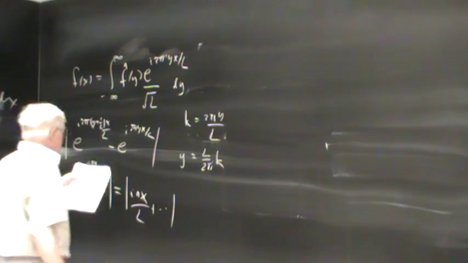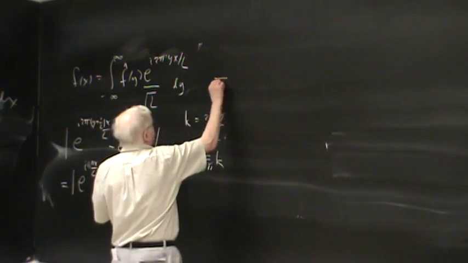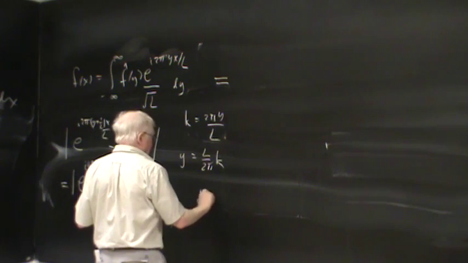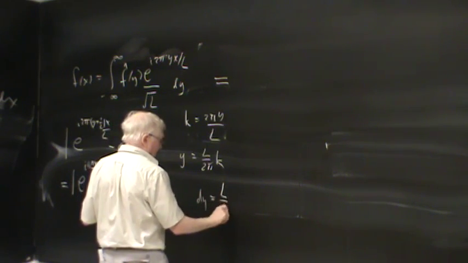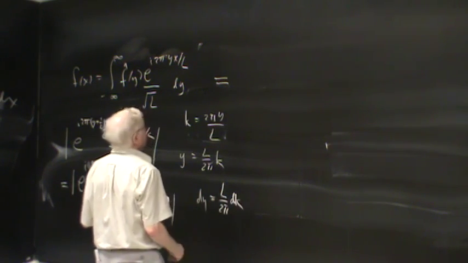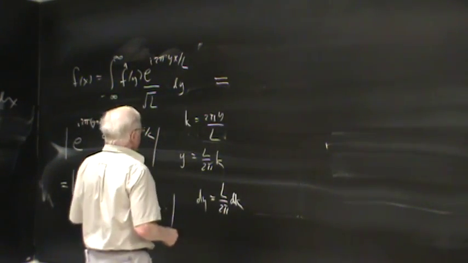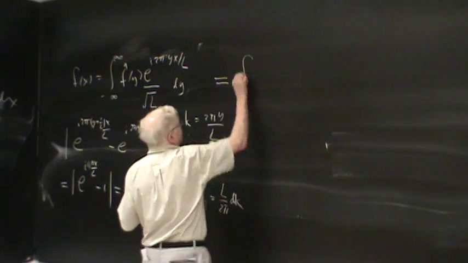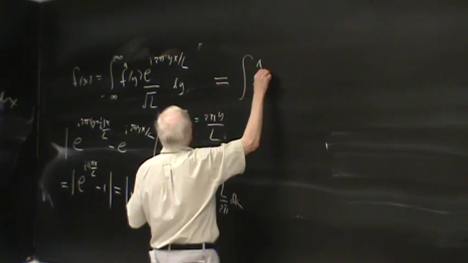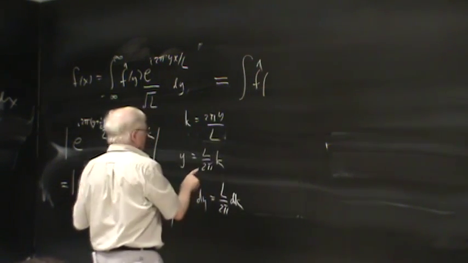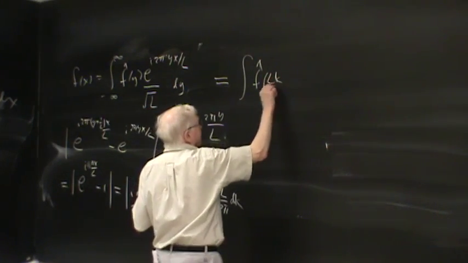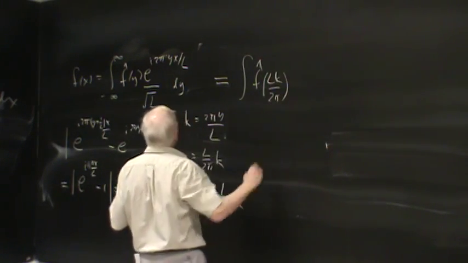And when we do that, dy is L over 2 pi dk, so we get a factor of L over 2 pi there. And we get f hat of y, where y is Lk over 2 pi.